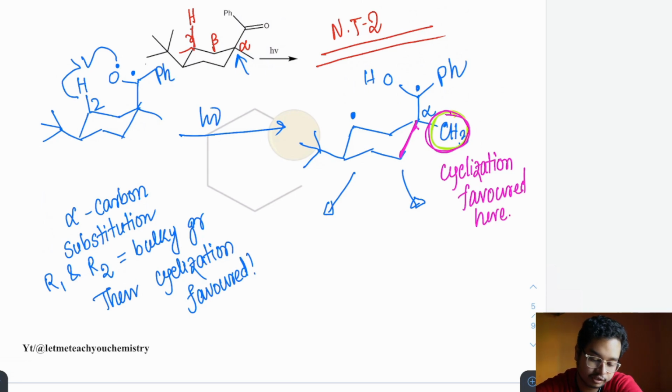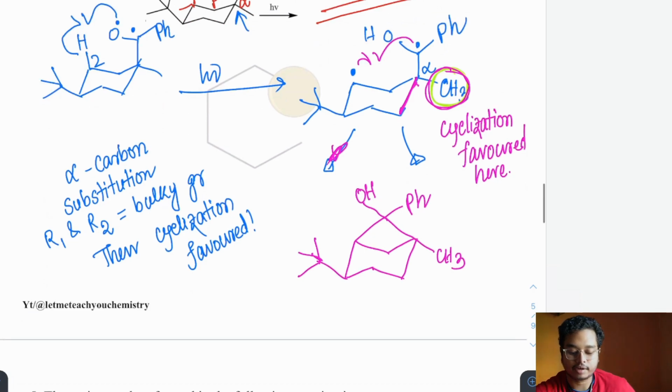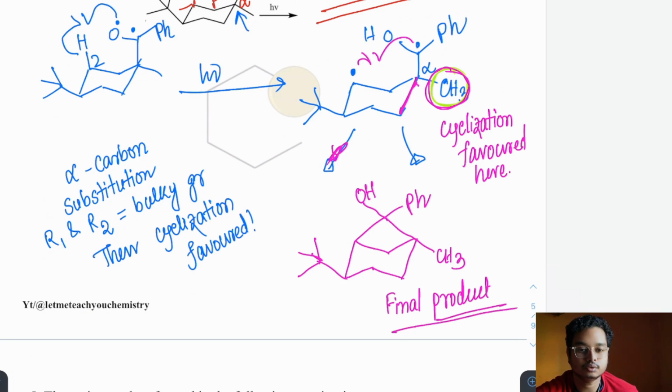So cyclization favored here, that means this comes and it will generate a final product that is, this is CH3. This will form a ring system. So this will be the final product of this particular reaction.